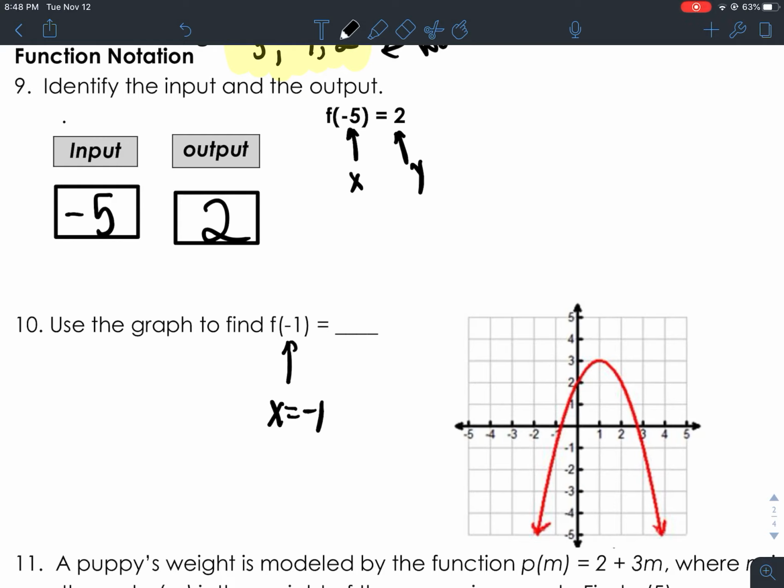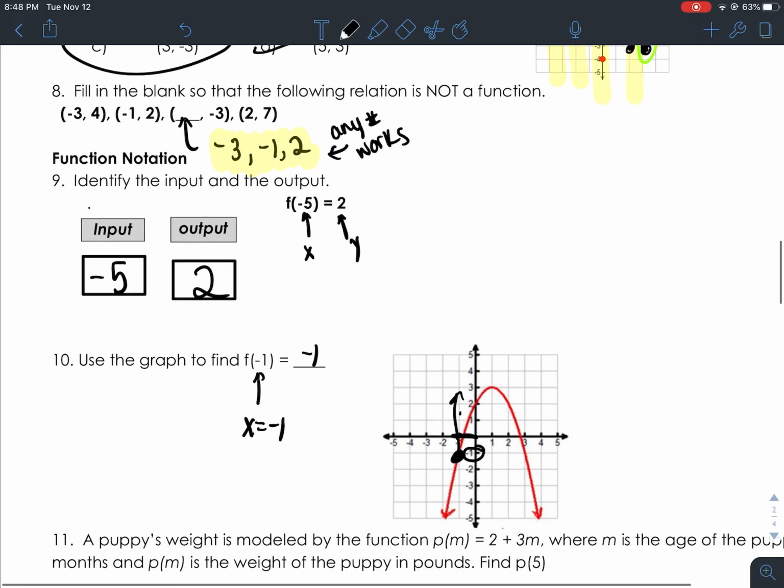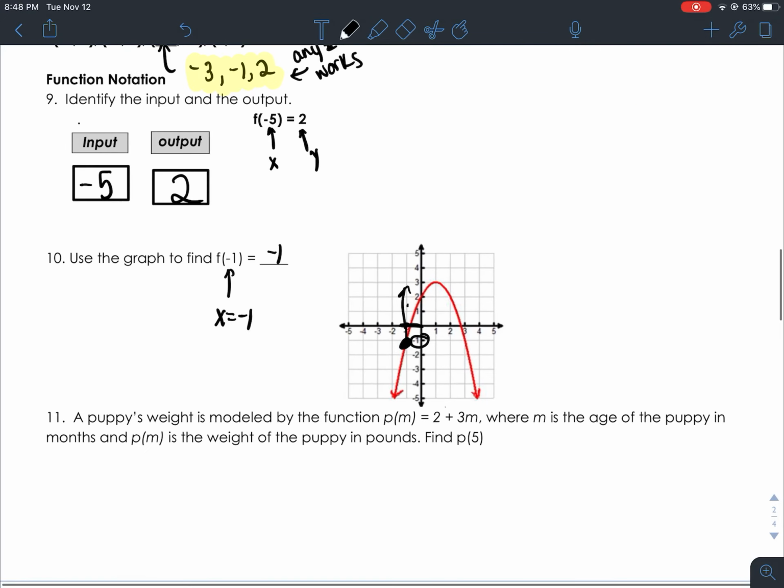If I go to -1 on the x-axis and go up, there's nothing there. But if I go down, I hit this point right here, and your y value for that is -1. We did a couple of those the other day with that sorting activity, so hopefully that'll help you as well.